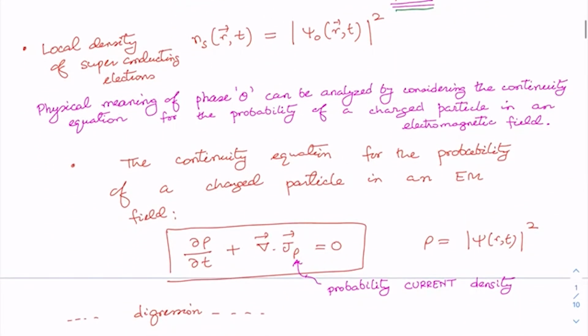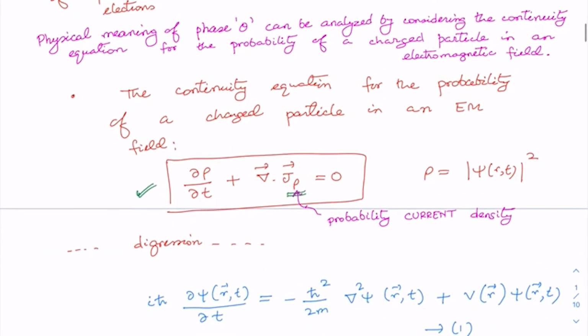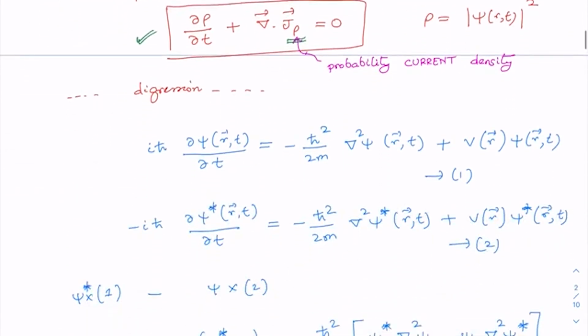The continuity equation is given by this expression, where rho is the probability density and J is the probability current density. And we also showed how one can get this continuity equation starting from the Schrodinger equation.